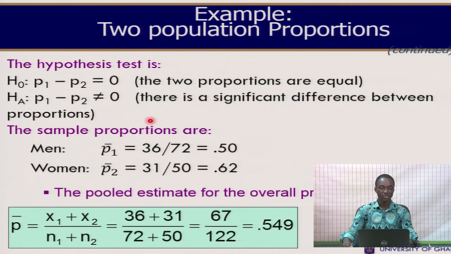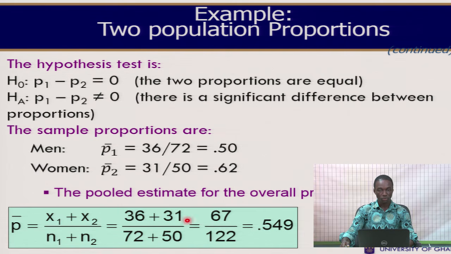The sample proportions are given as P1 bar, which is 36 out of 72, which is 0.5, and then P2 bar is 31 out of 50, which is 0.62. The overall pooled estimate is actually X1 plus X2, where X1 is the 36 for men, and X2 is the 31 for the women, over the total N1 plus N2.